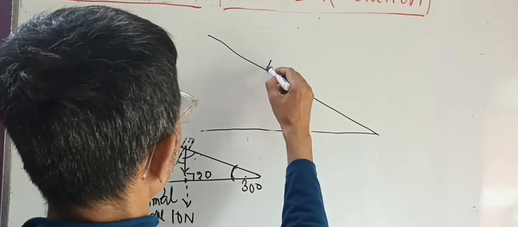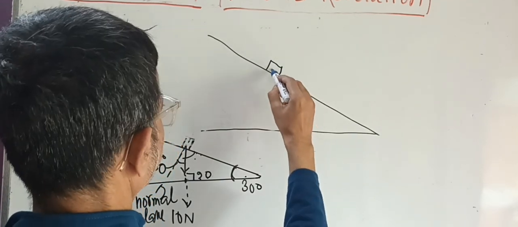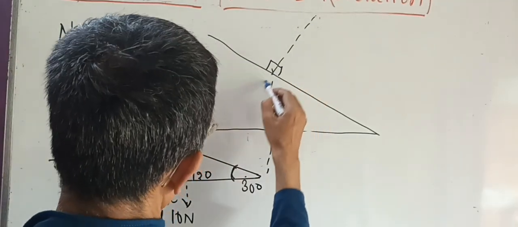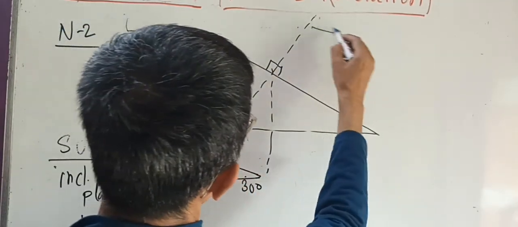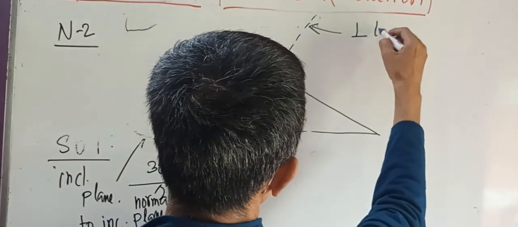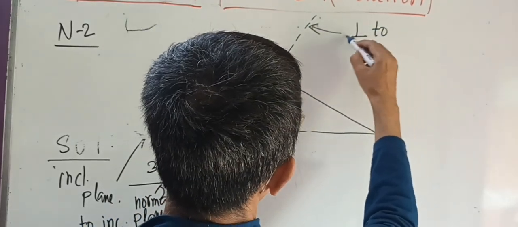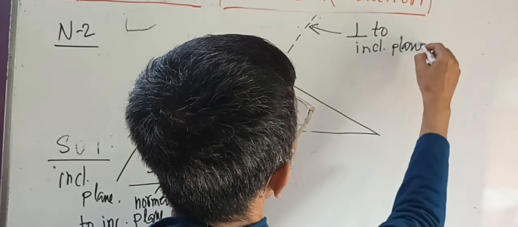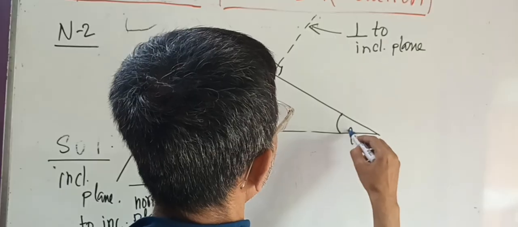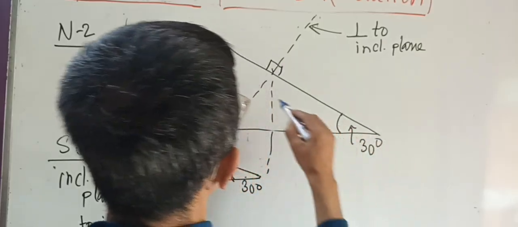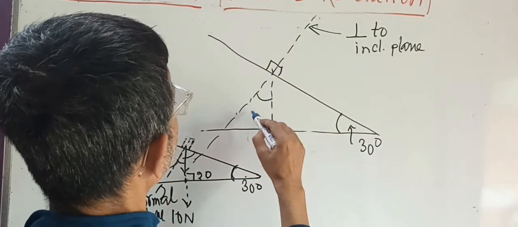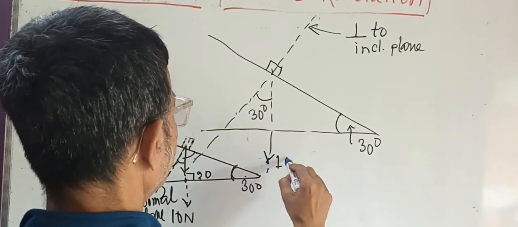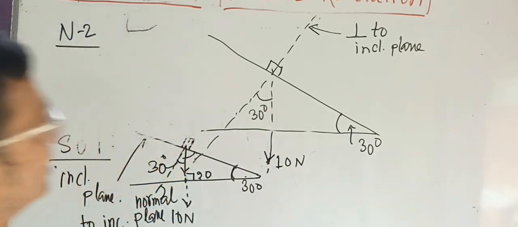If this is a body of weight 10 Newton, this is the vertical line, this is the perpendicular line to inclined plane, right? If this is 30 degree, this also will be 30.